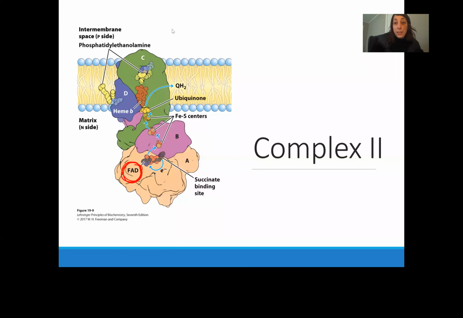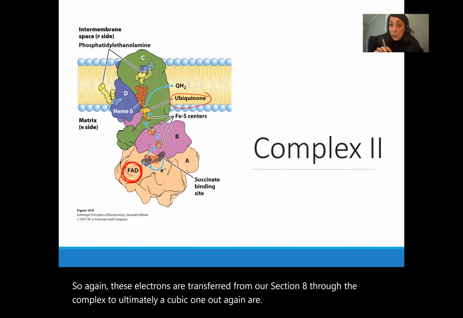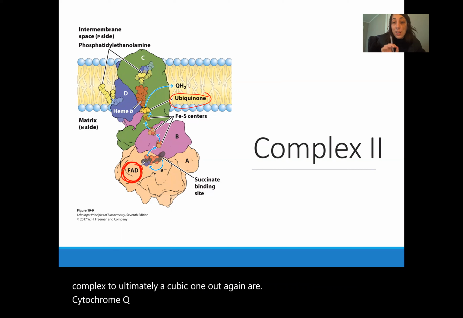So again, these electrons are transferred from our succinate through the complex onto ultimately a ubiquinone. Again, our cytochrome Q carrier that is going to then enter into that inner membrane space.